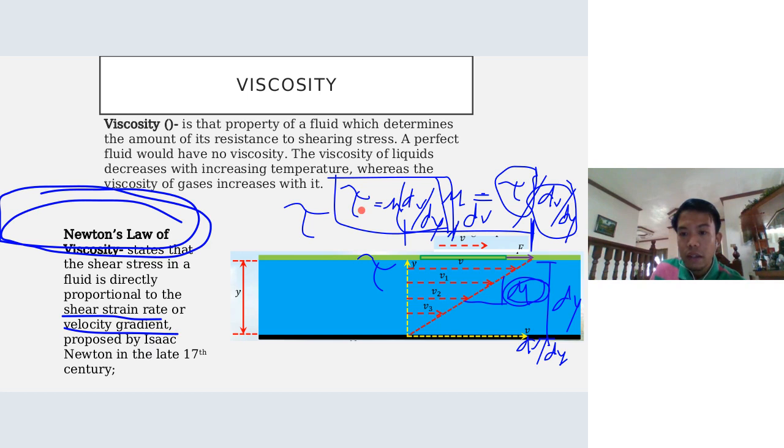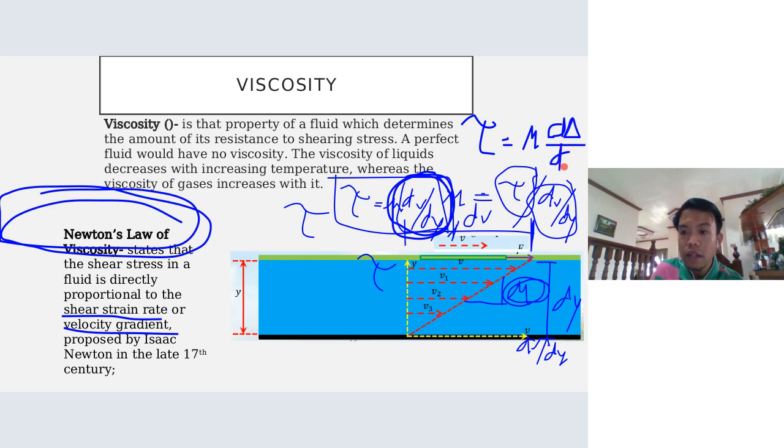Okay, so remember, no, shear strain rate or velocity gradient. Now this is the velocity gradient. It can also be shear stress equals viscosity times the shear strain rate.